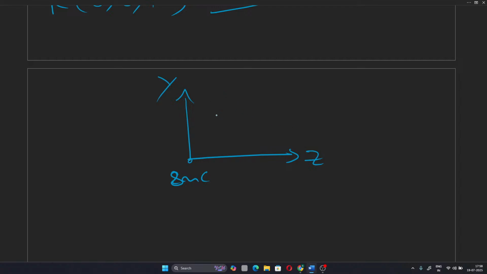There is a charge -2, not -2 millicoulomb, it is -20 nanocoulomb, that is 2 into 10 power -8 coulomb, from (0, 3) itself.